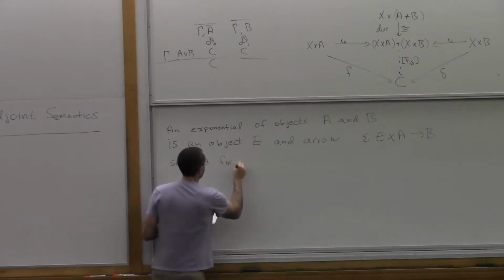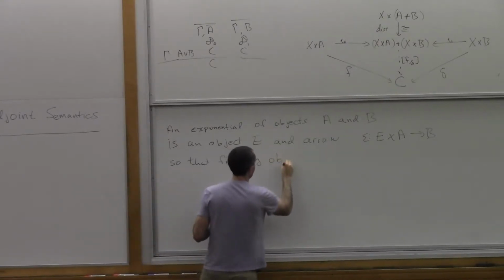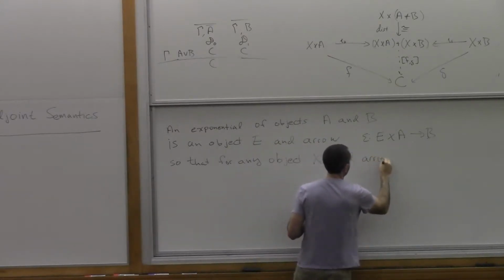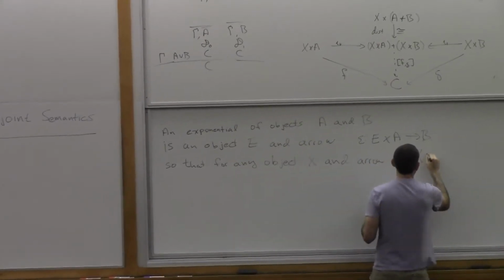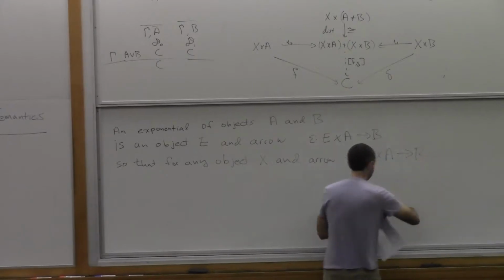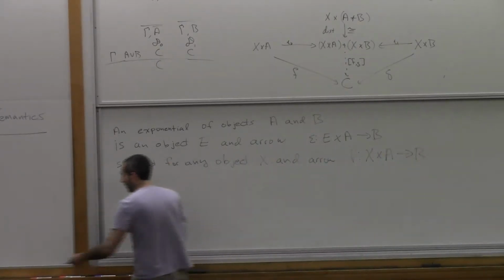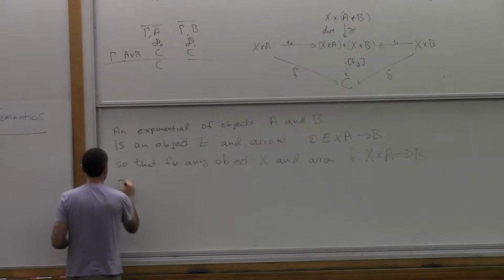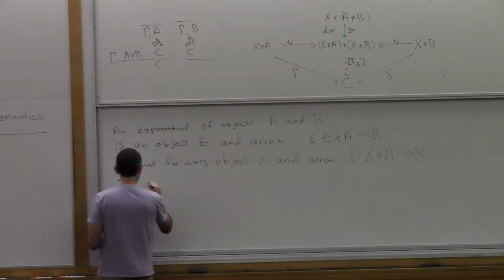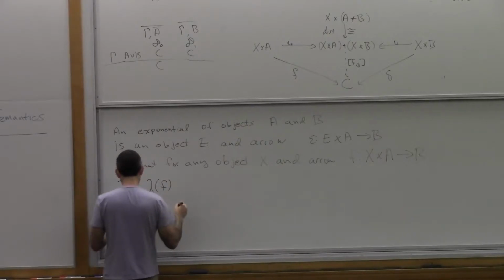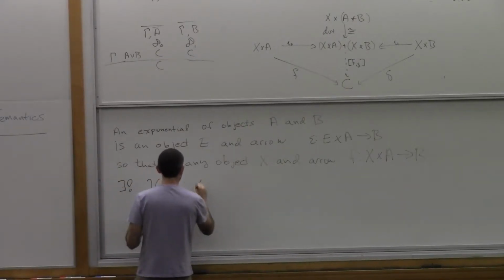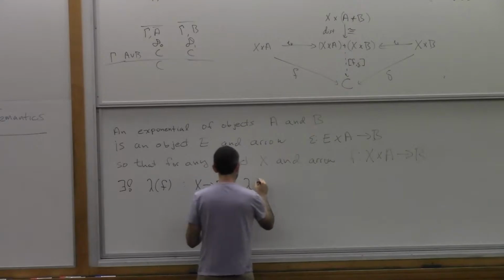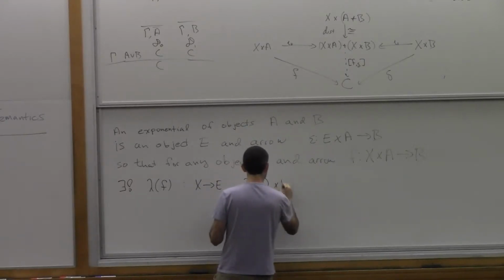so that for any object X and arrow f from X cross A to B, there is a unique map, which I'm going to call the lambda of f, for reasons that will be familiar to you probably, going from X to E, such that, now I'm going to write this out algebraically, but I'm going to draw a picture in a moment.